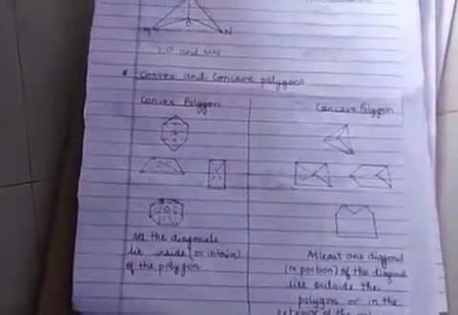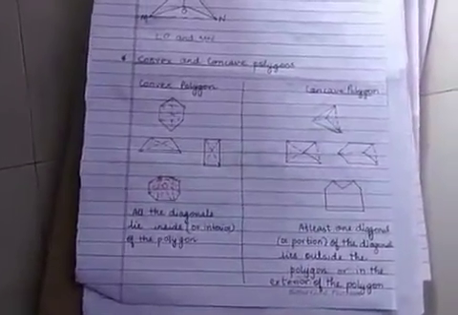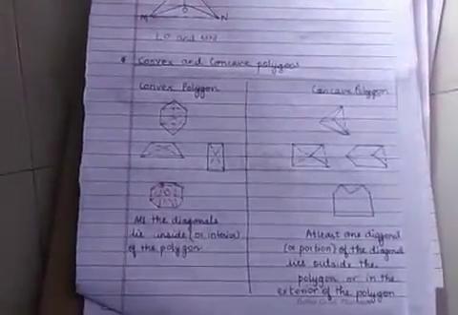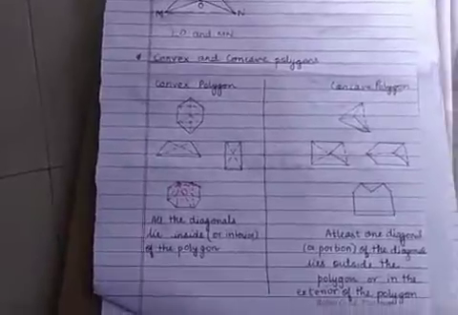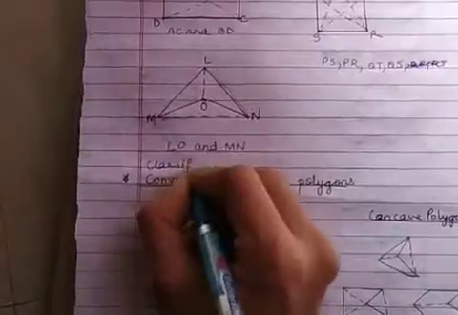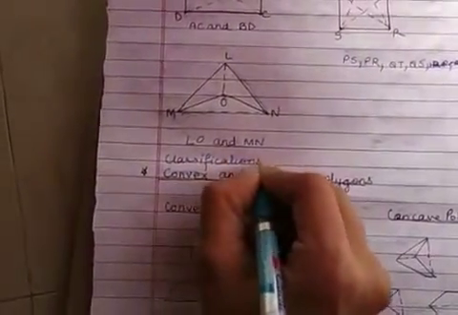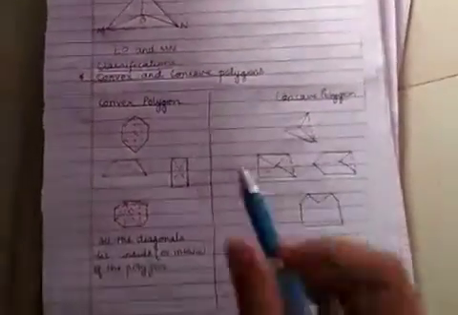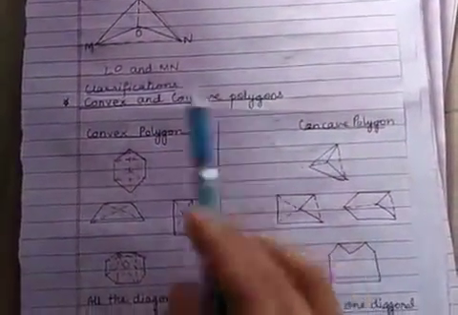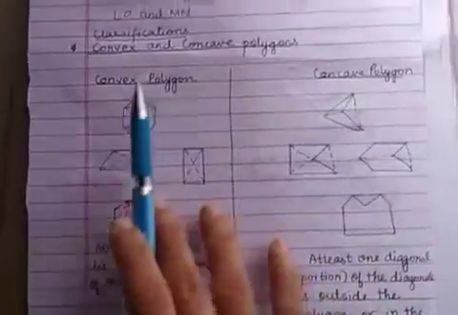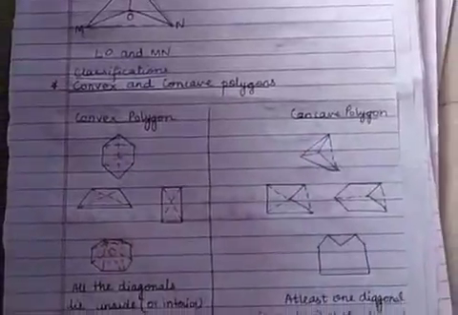Now, based on the position of the diagonals of a polygon, the polygon can be classified as convex and concave polygon. So let us see the classifications. The first classification is based on the position of the diagonal. The two types of polygons formed are convex polygon and concave polygon.